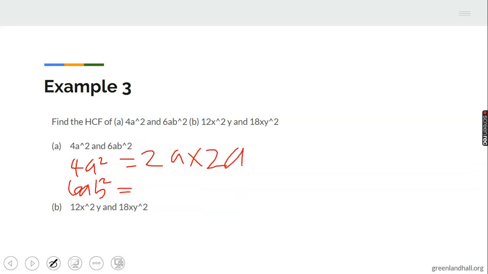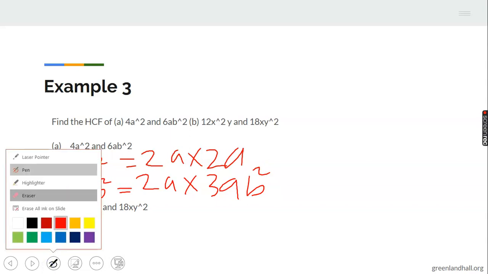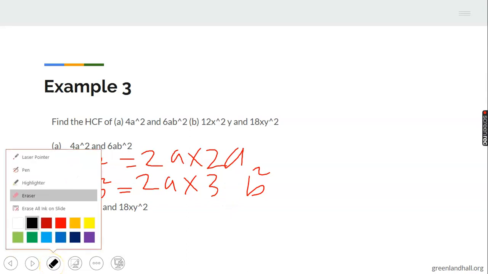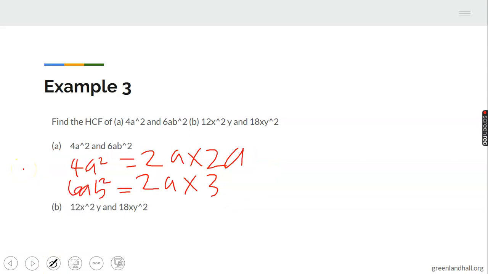How do you get 6ab squared? Multiply 2a multiplied by 3b squared. Sorry, the earlier one was wrong. So what is the factor now? That will be 2a.